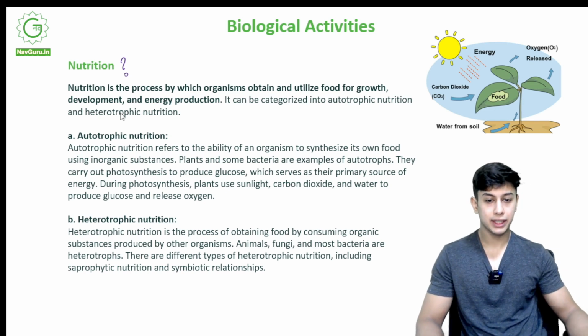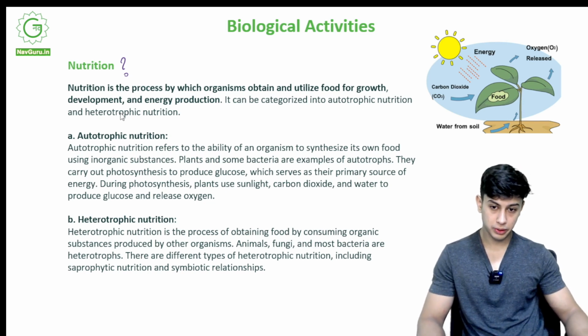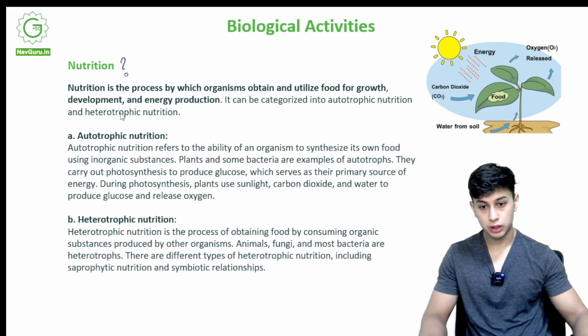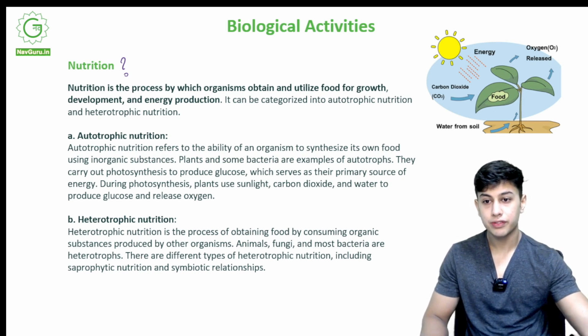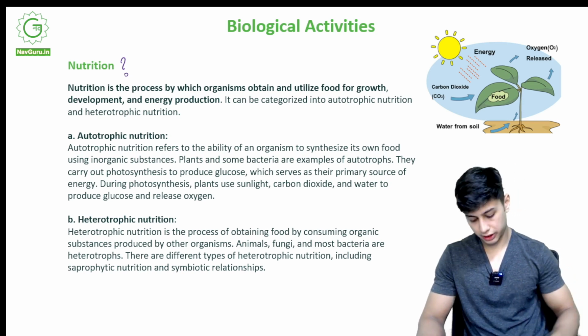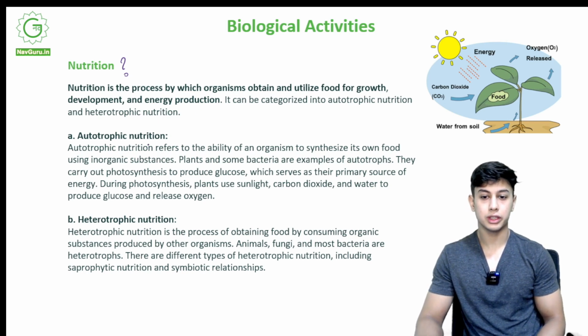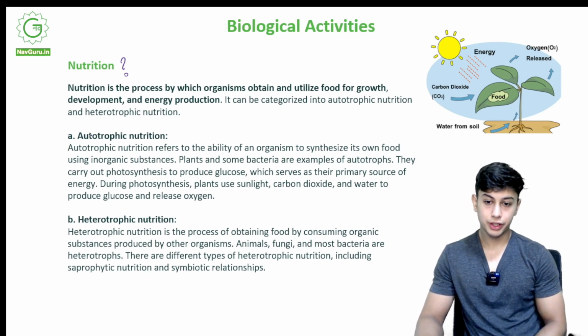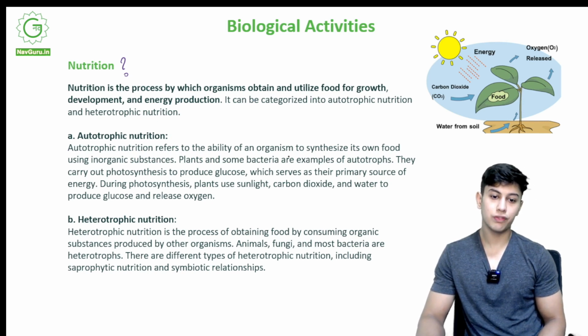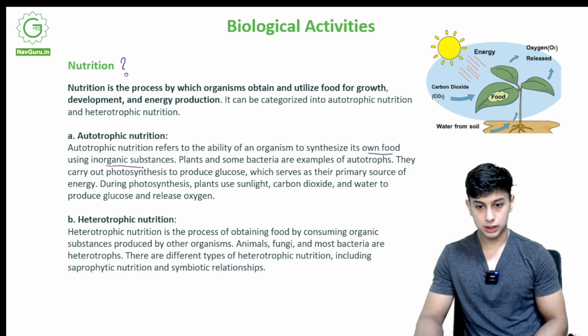It can be categorized into autotrophic nutrition and heterotrophic nutrition. So what is the difference between them? Autotrophic nutrition refers to the ability of an organism to synthesize its own food using inorganic substances. Auto means by itself.